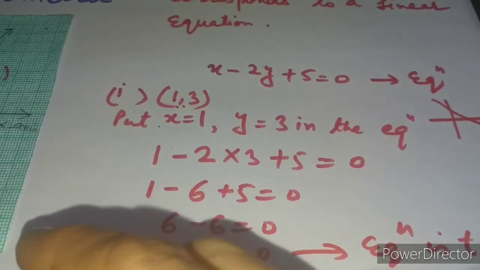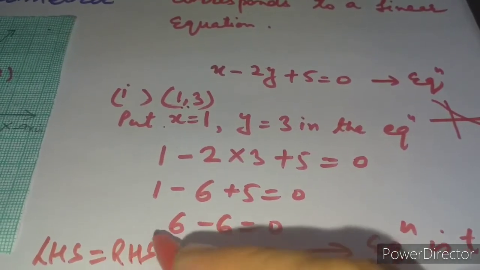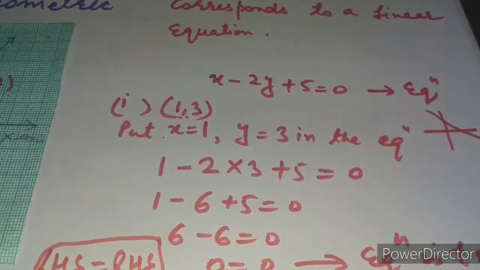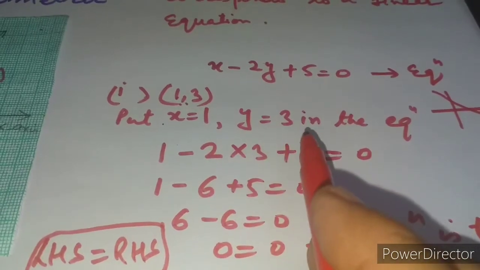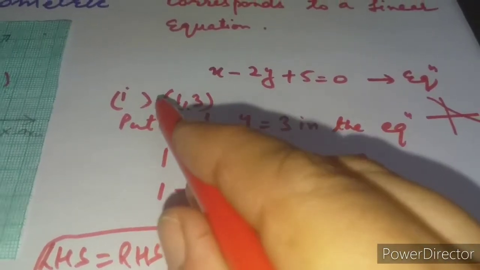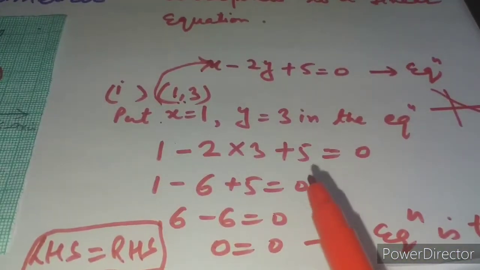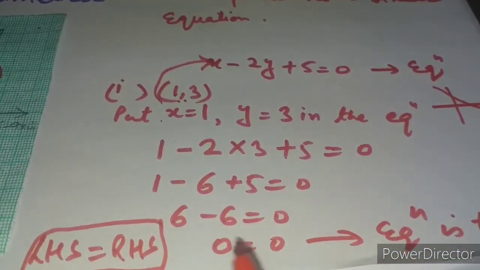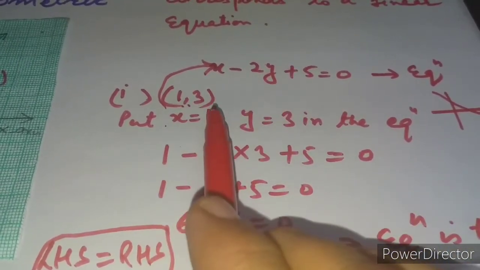What is the meaning of the equation being satisfied? That LHS is equal to RHS. So this way, we found that after I put x equal to 1, y equal to 3 in this equation, and we get LHS equal to RHS, this condition is being satisfied by this point.